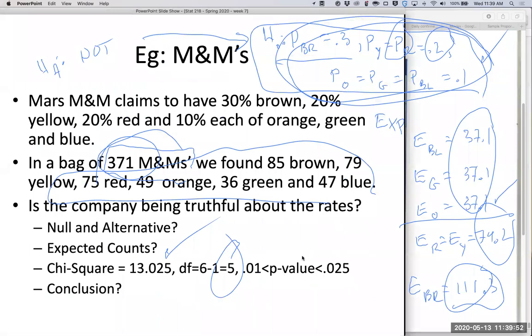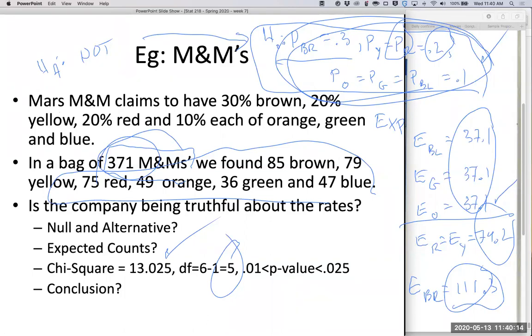I cut that in half due to using a different chi-square table. But if I said 0.02 to 0.05, you would have the conclusion that you believe the alternative. These M&Ms are not matching the claimed percents according to the company's website.